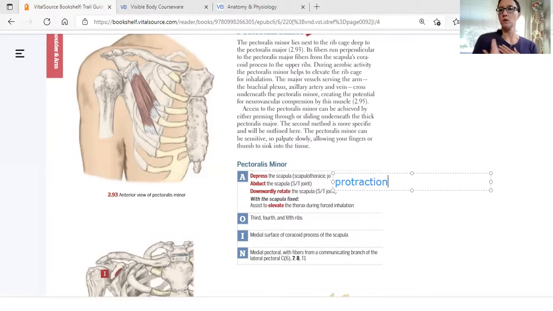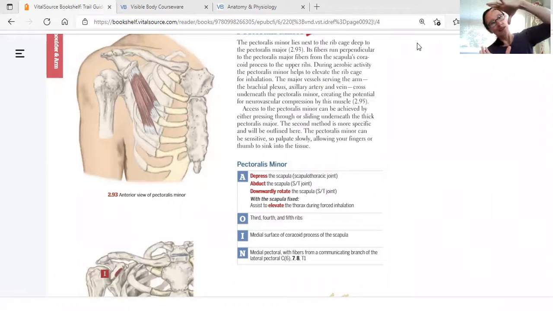Protraction, like bringing the shoulder forward, like you give an attitude, it's protraction. Okay, so depression, abduction, and downward rotation. So remember, we take that whole scapula, we tilt it down towards the floor, okay?